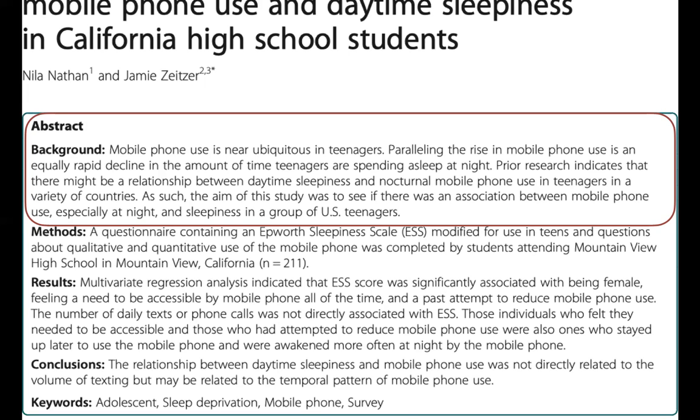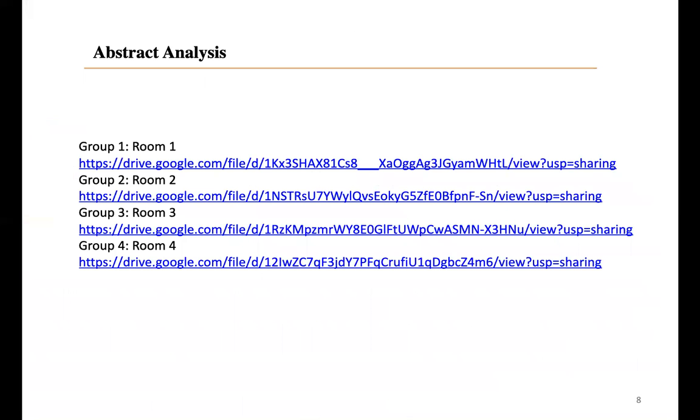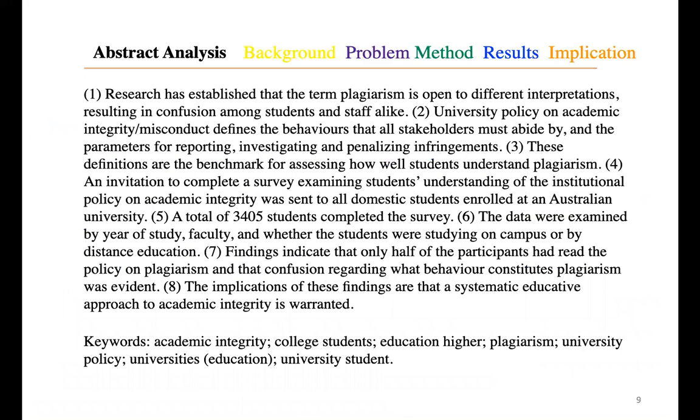Now we're going to have an activity. I'm going to ask you to do the abstract analysis. I hope you can do it individually. If you have several people, then you can do it in a group. Okay. Let's directly go to my next slide. So this is the activity I want you to do for abstract analysis.